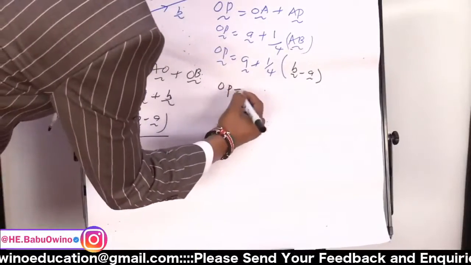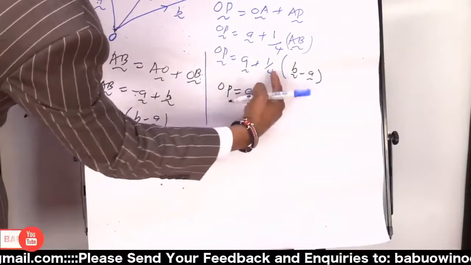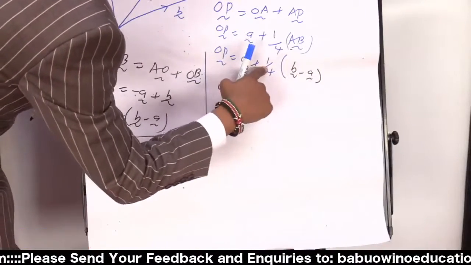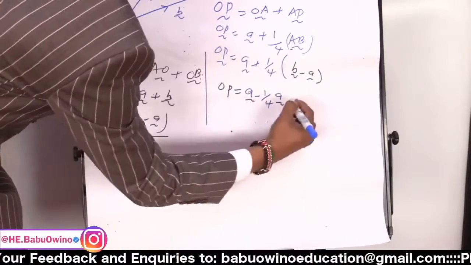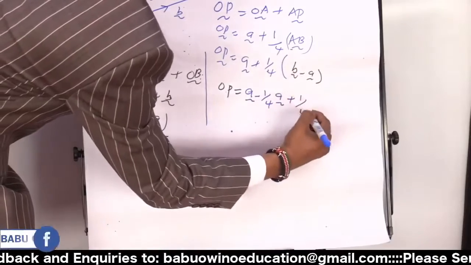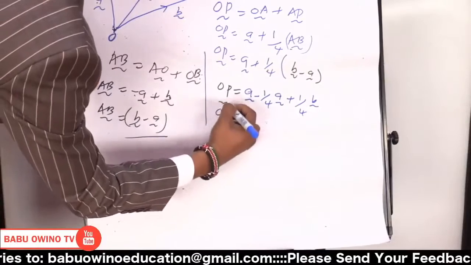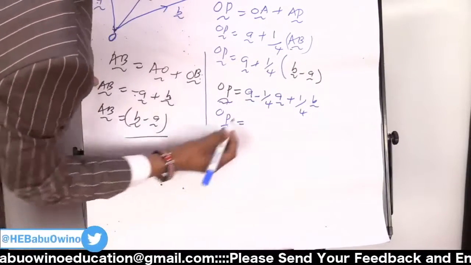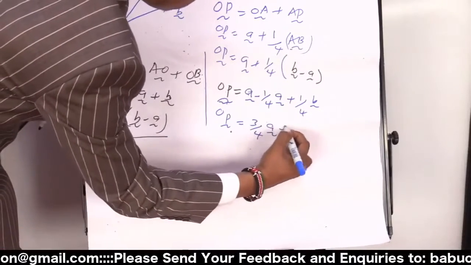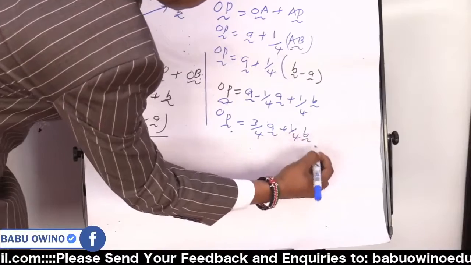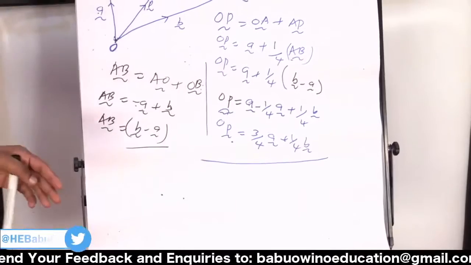So OP equals A, open the bracket. If you open this bracket, a quarter times minus A is minus 1 over 4 A. Then a quarter times B is plus 1 over 4 B. So when you solve this, OP equals A minus a quarter A, which is 3 over 4 A, plus a quarter B. So that is your position vector OP.